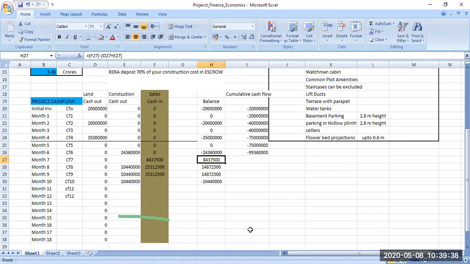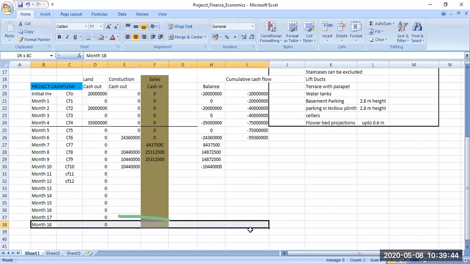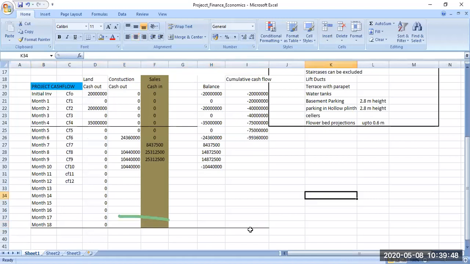And so what I want you guys to do is, at the end of the 18 months, when you reach here, take this cumulative cash flow and calculate the net present value and internal rate of return that we learned last semester. I taught you in the IPE subject, guys. Yes, sir. You remember how it was done?